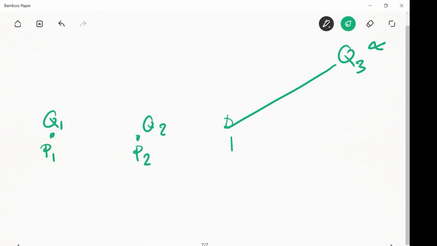So now we have 2 charges, Q1 and Q2, at point P1 and point P2. Then we have another charge Q3. Q3 is at infinity, very far, but we want to move Q3 to point P3.